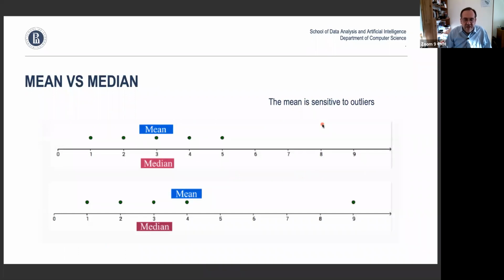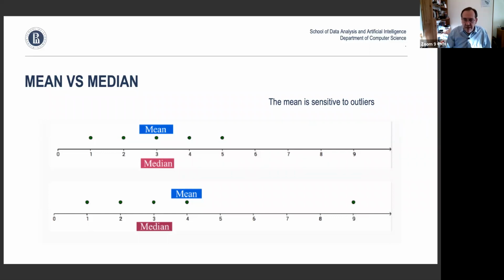Let's say we take those 5 numbers, 1, 2, 3, 4, 5, right? And we calculate the mean. To calculate the mean, you just add 1 plus 2 plus 3 plus 4 plus 5, divided by 5. There you go, you got your 3. Or you can calculate the median, which is again just the most central number, in the middle when you order them: 1, 2, 3, 4, 5. It's 3. So in this case, mean and median coincide, and both of them are a good description.